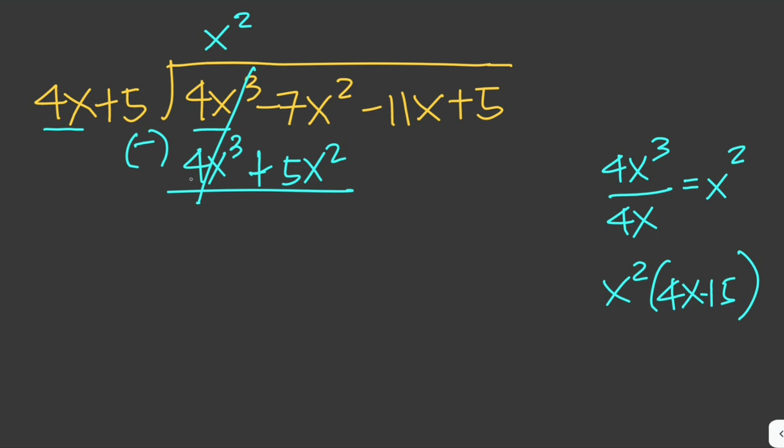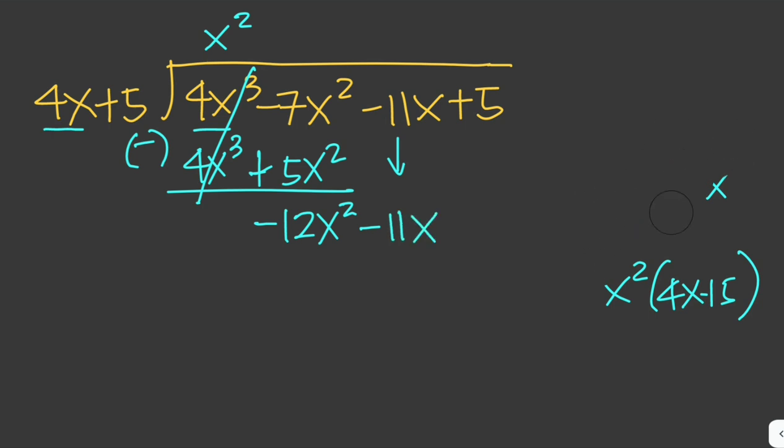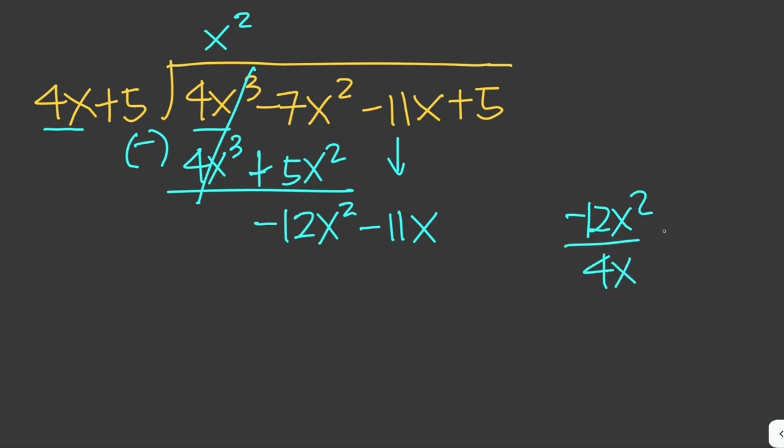Negative 7x squared minus 5x squared is negative 12x squared. And then we bring down negative 11x. We repeat the same process because negative 12x squared can be divided by 4x. Negative 12x squared divided by 4x is equal to negative 3x.